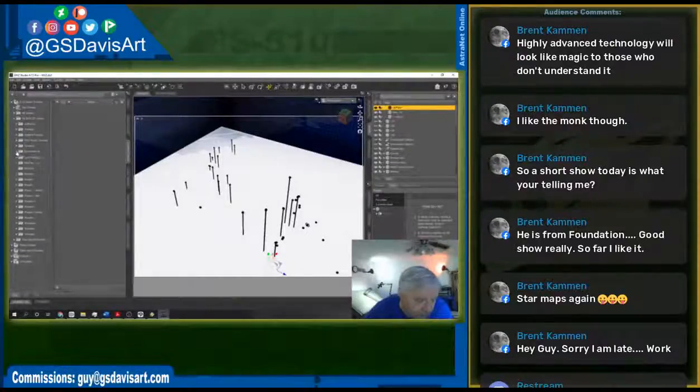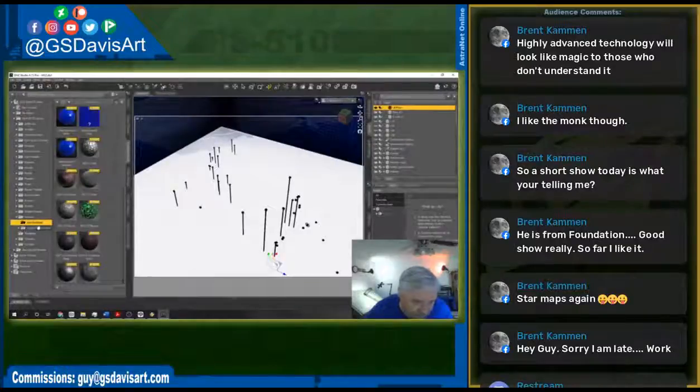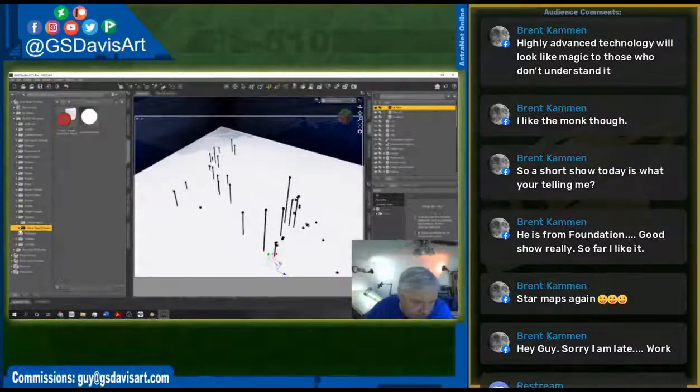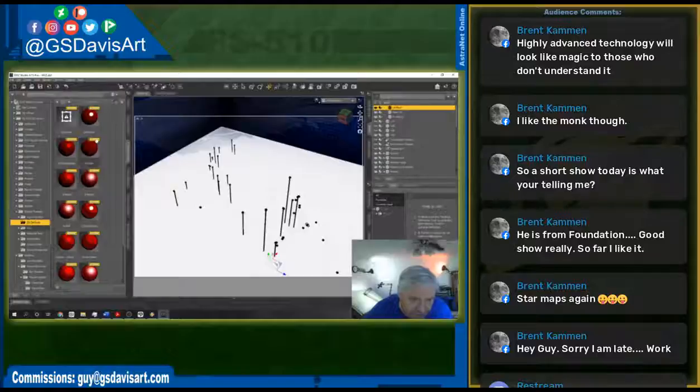Environments? Where is it? Oh, man. Shaders. Because we just need the basic shaders. And these are not the ones. Shader presets. DS defaults.